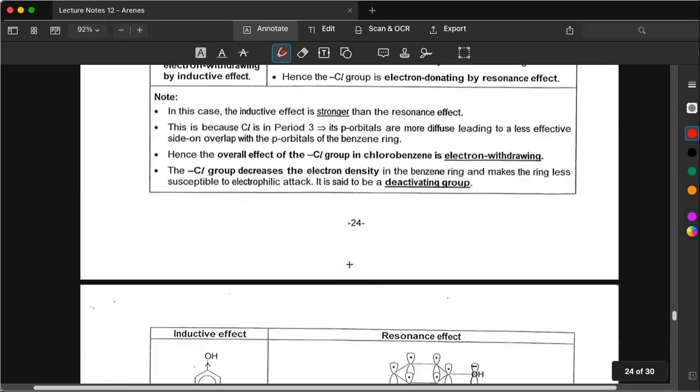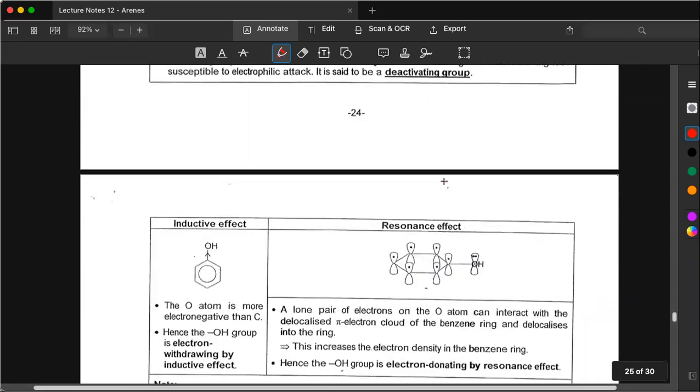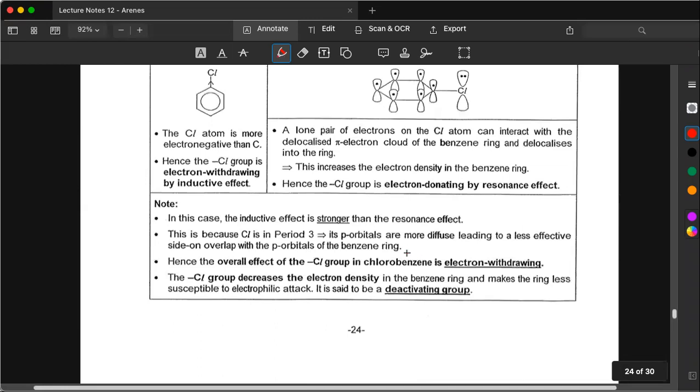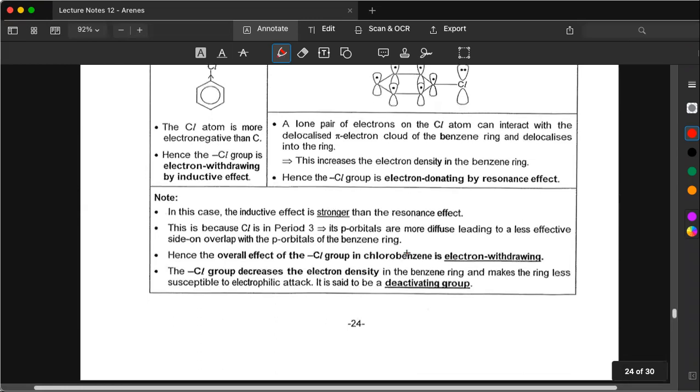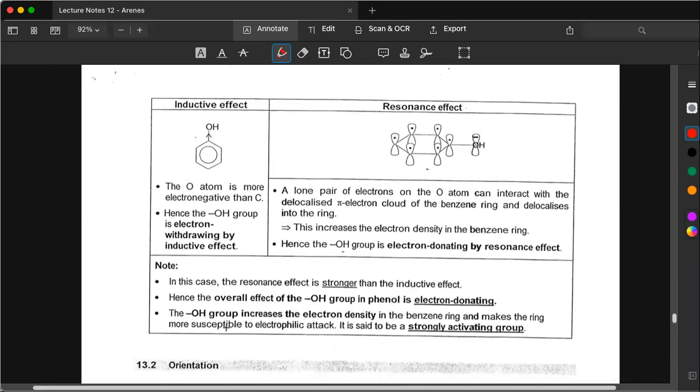So the p orbital is less diffuse. So the overlapping of the p orbital of oxygen is more effective with the p orbitals of the benzene ring. Yeah, something along that line. Okay, so the overall effect of the OH group in phenol is electron donating.